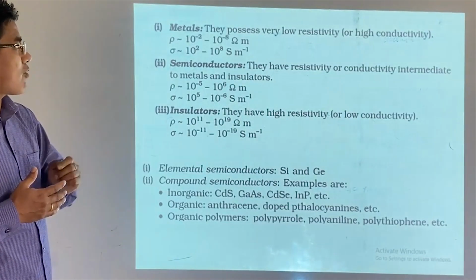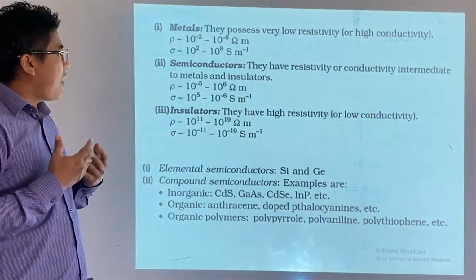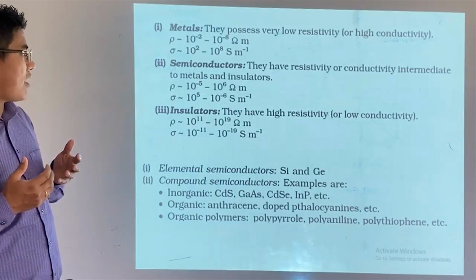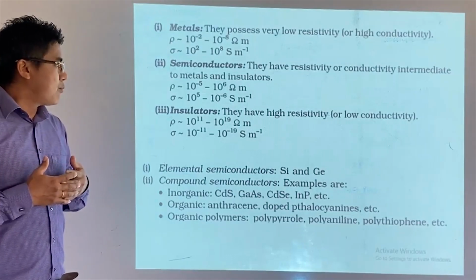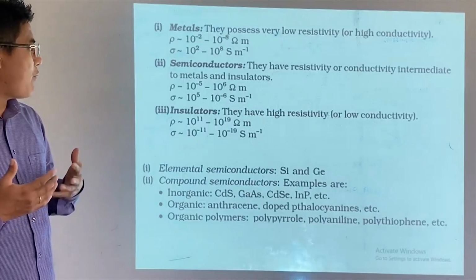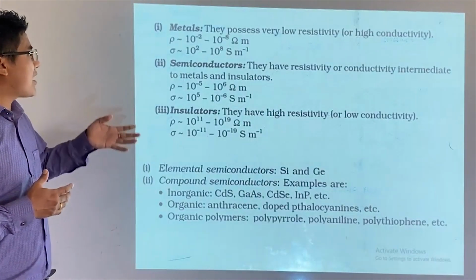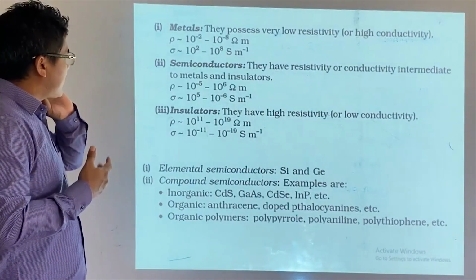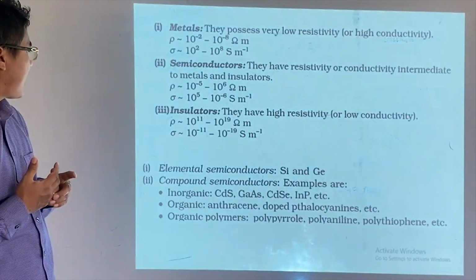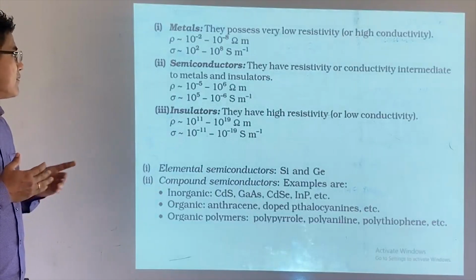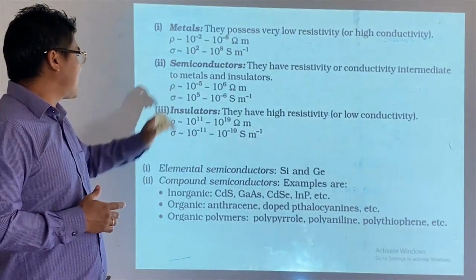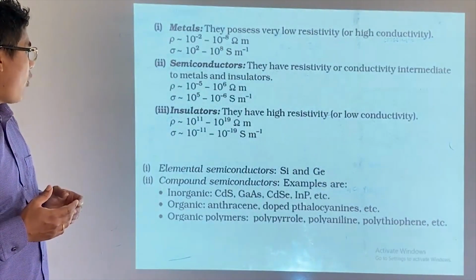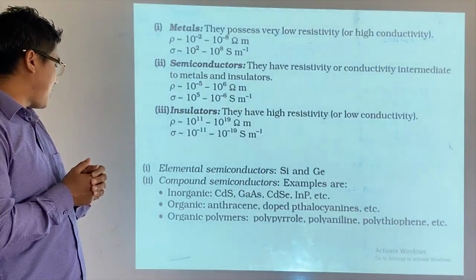Metals are what we call good conductors, having very low resistivity, and insulators are bad conductors, which don't allow current to flow, having very high resistivity. Semiconductors come between these two materials, metals and insulators. A semiconductor has a resistivity of 10 to the power -5 to 10 to the power 6 ohm meters, and this is its conductivity.